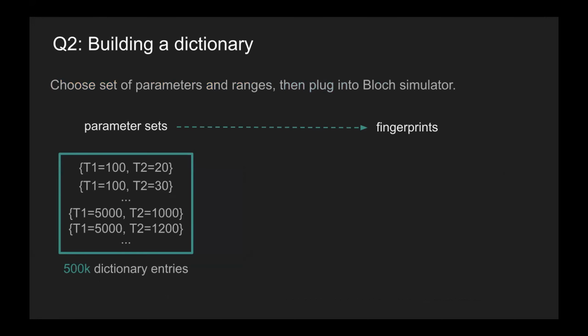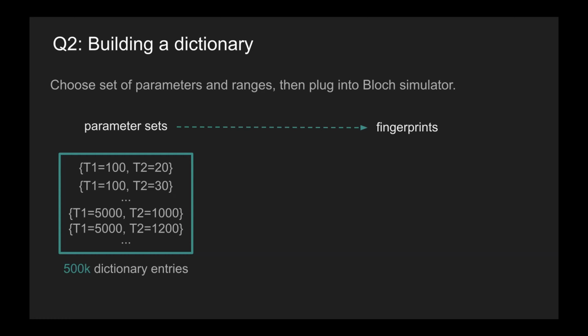Okay, so now that we've talked about how to do the MR design, we can talk about how to build the dictionary. This is pretty straightforward. You basically choose a bunch of values of parameters that you want to test. In this case, they were doing brain imaging, and so these were some of the possible T1 and T2 values, and their dictionary had about 500,000 entries.